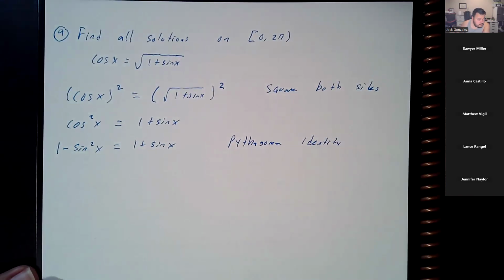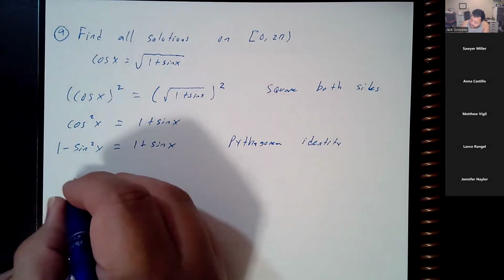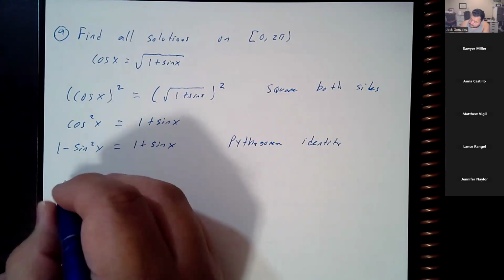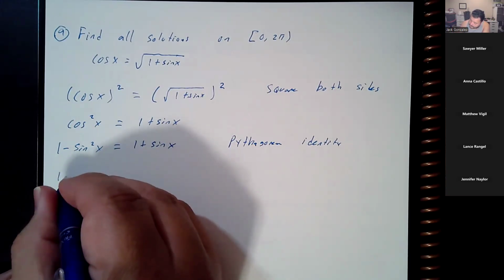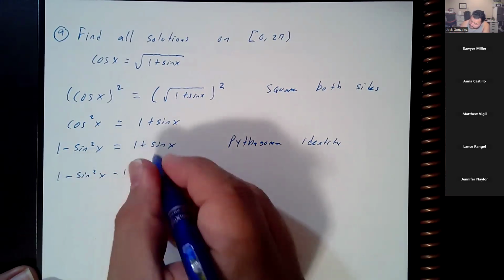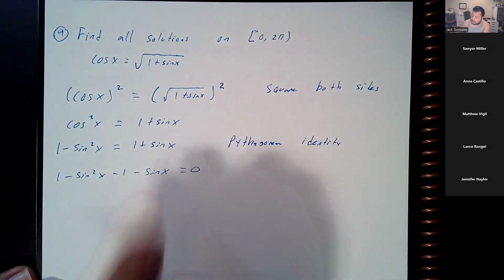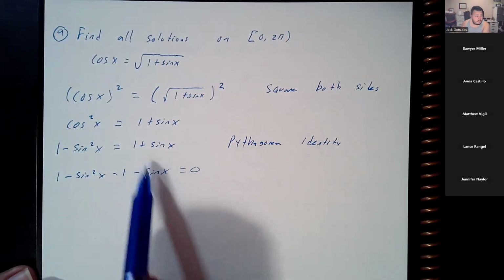Okay, so now everything's in terms of sine. Let's move everything over and see what happens. Subtracting the sine, subtracting the 1. Those ones will cancel, but let's show some steps here. To subtract 1, subtract sine, so I'm subtracting both of these on both sides.